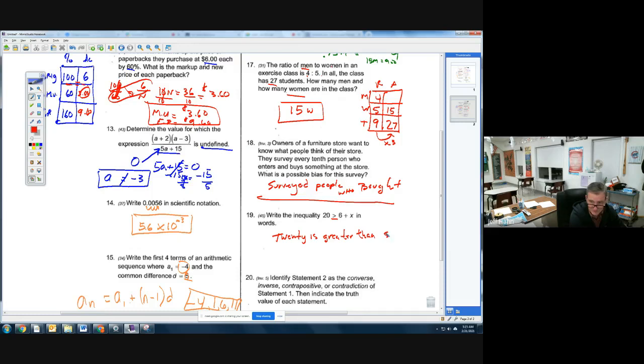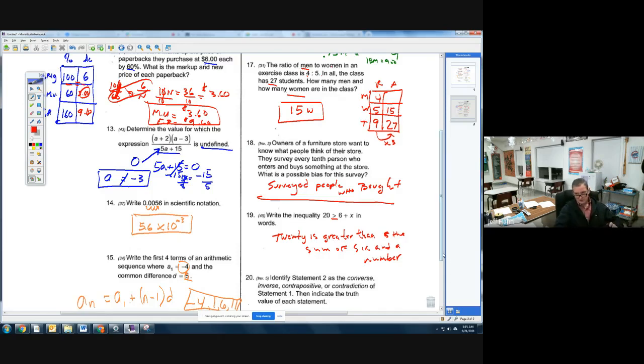Well, I would probably say the best way to say this mathematically is the sum of 6 and a number. There are multiple ways that you could say this. 6 added to x. Some sounds a little bit more mathematical.